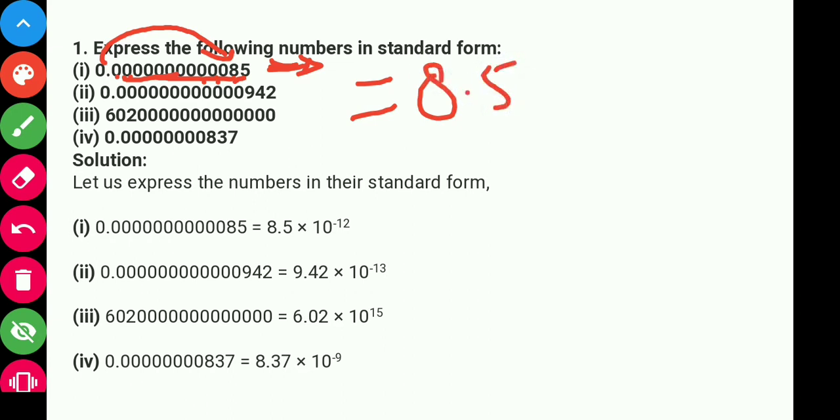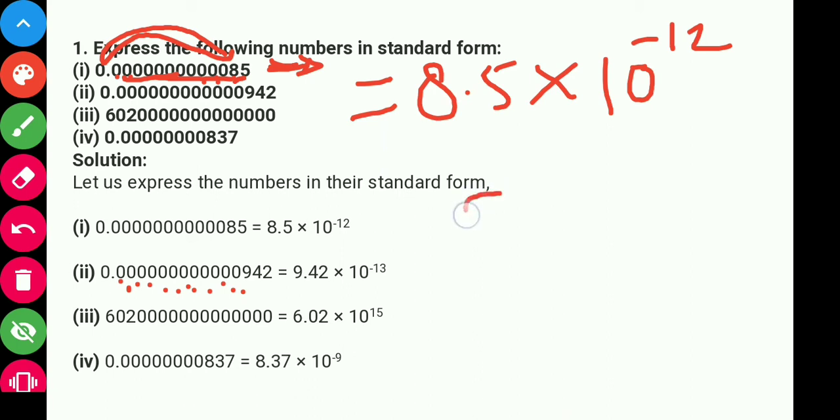Then you have to write 10 to the power minus the number of places the decimal is moved to the right. How many places is it moved? 12 places. So it will be 8.5 into 10 to the power minus 12. I hope it is clear. Now in the second part, it is given, how many zeros? 1, 2, 3, 4, 5, 6, 7, 8, 9, 10, 11, 12 zeros and then 1 and 9.